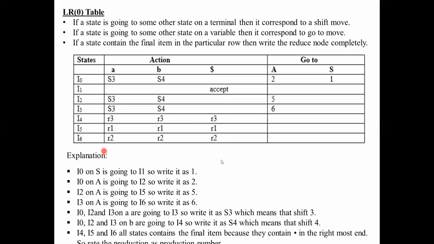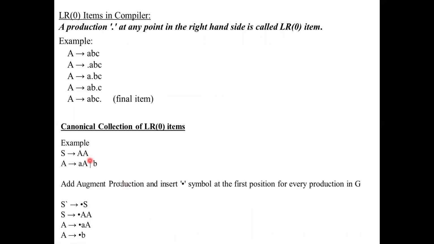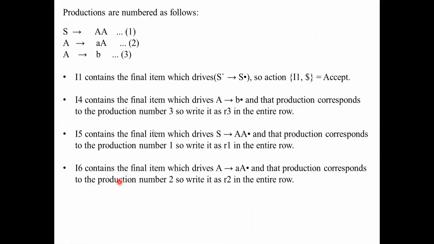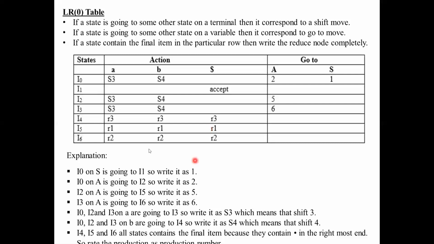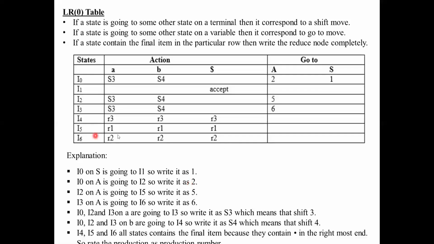Same as in I5: I5 is S tends to AA dot, which is the first production, so we write R1 here. And I6 contains A tends to a A dot. This is production number 2, so we fill in R2 here.